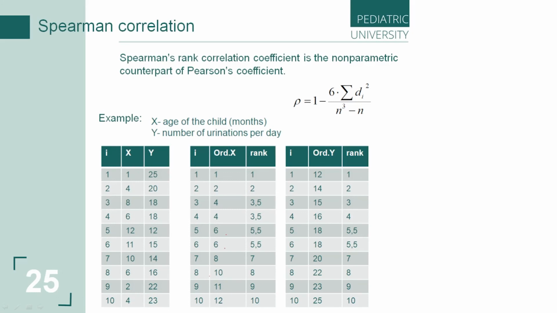Again, we calculate the average of ordinal numbers 5 and 6: 5 plus 6 divided by 2 is 5.5. Then there are no repeated values: 8, 10, 11 and 12, and the rank will be the same as the item.